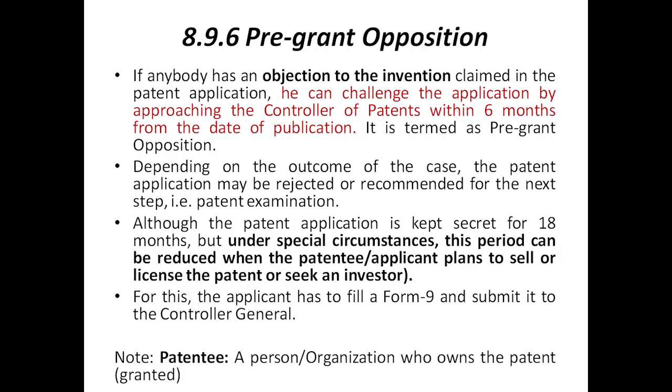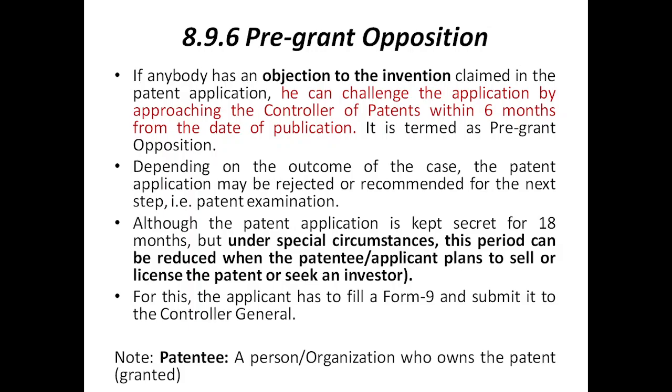If you plan to sell or license this patent or seek investors, these situations come when your product has huge demand. Imagine something trendy is going on in the world, and you know this is the time when you will get the most investors, or can make a lot of money out of your patent, but still you have to wait 18 months.